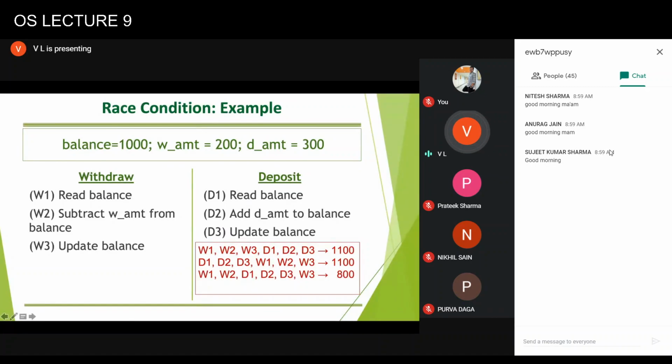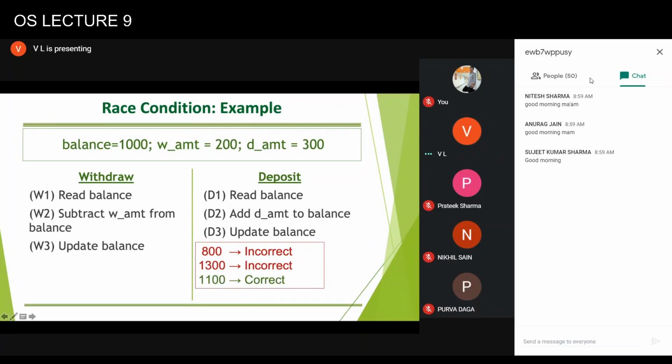But if W1 and W2 get executed before D1, D2, D3, and then the last instruction is W3, then withdraw is doing the last update, so naturally the amount would be 800. If deposit is doing the last update, and in between withdraw, and both of them are reading the old value, the outcome would be 1,300. As you can see, the last two outcomes are incorrect. That's what we discussed in the last class also.